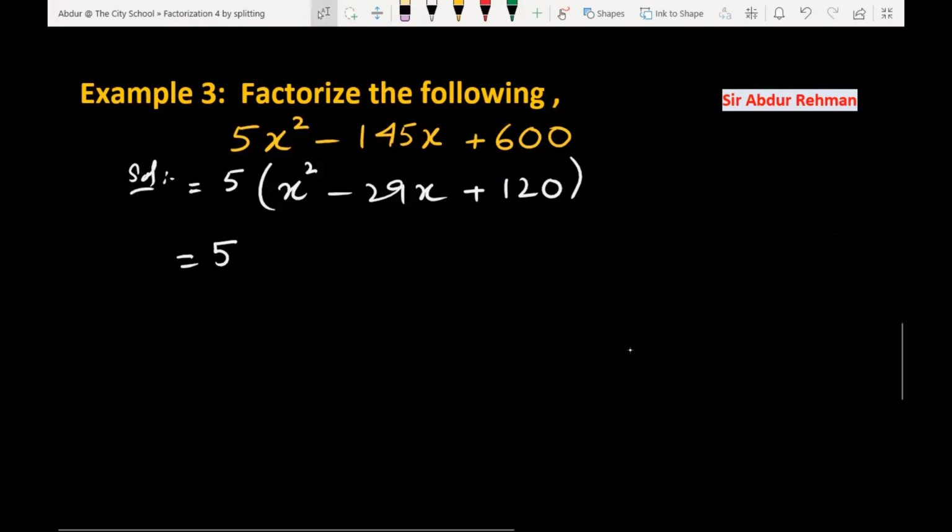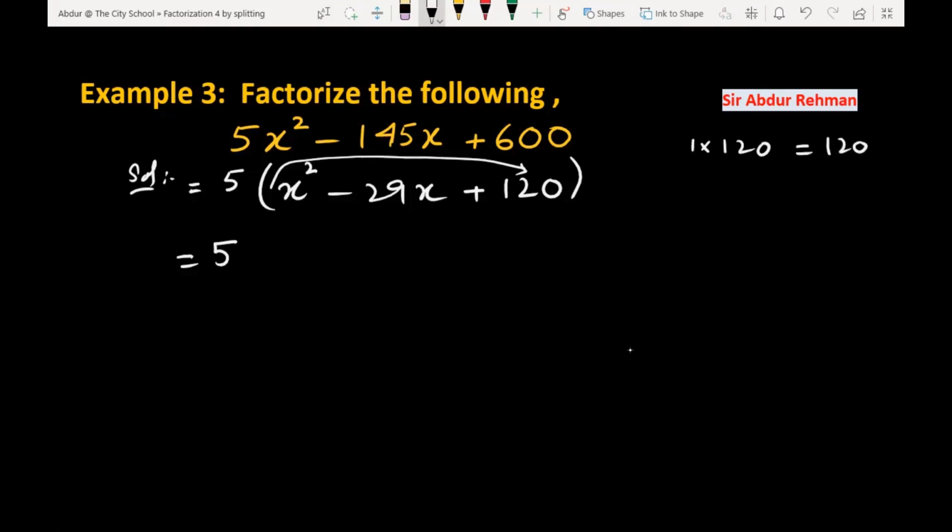Now, finding factors of 120 here. To find the factors of 120, you can watch the video on my channel, how to find factors. The link is given in the description.